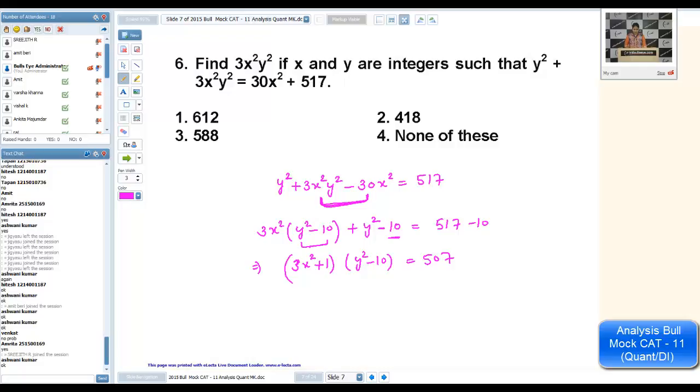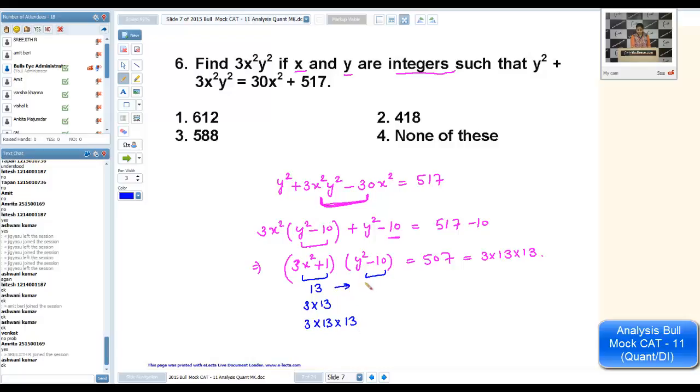Now, this 507 can be broken into 3 into 13 into 13. Since x and y are integers, we will try to find their values. Now, these are two integers. I can take this as, say, 13. It can be written as 3 into 13 as well, and 3 into 13 into 13.